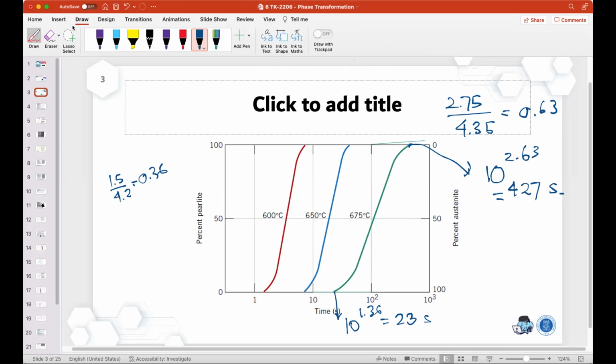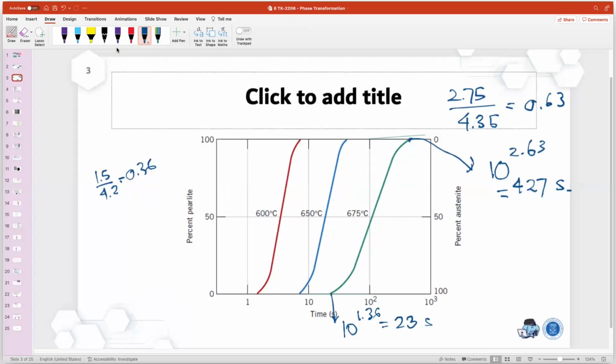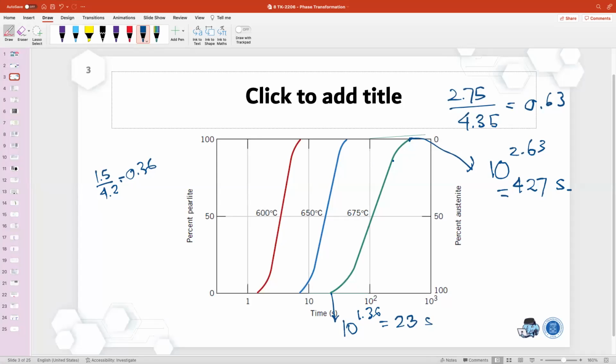Okay, so if you do the transformation of the eutectoid, from the austenite to the pearlite, at 675 degrees Celsius, it's actually just around about 400 seconds, or maybe a few minutes.